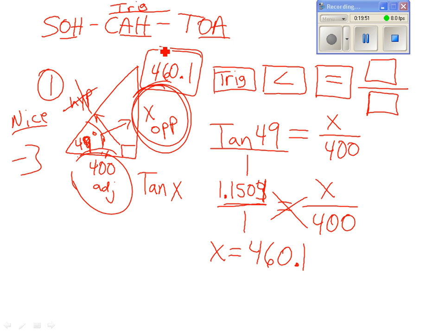She had a problem like this, and this side over here came up to be something like 5,000.3. Is that going to work? No. Remember, we had a rule earlier this year that said any two sides of a triangle must add up to be more than the third side. Well, is 400 plus 460 bigger than that? So that won't work.